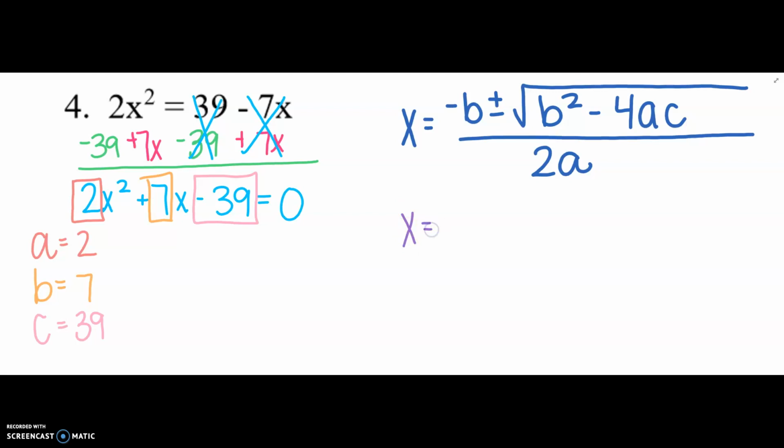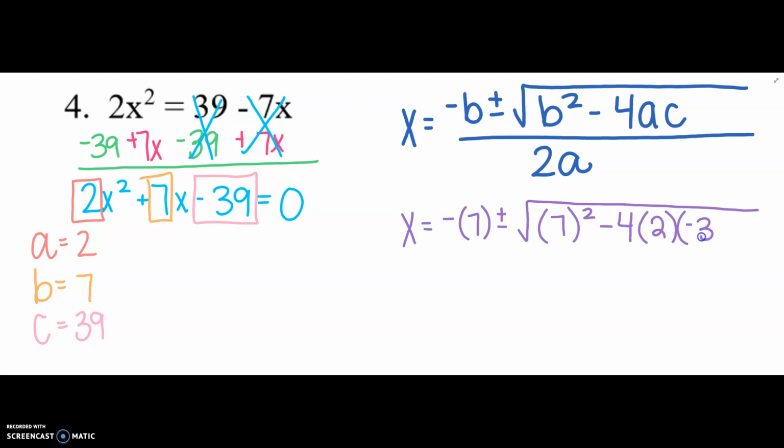So I have x is equal to negative, then my b value of 7, plus or minus the square root of b squared minus 4 times my a times c all over 2 times a.